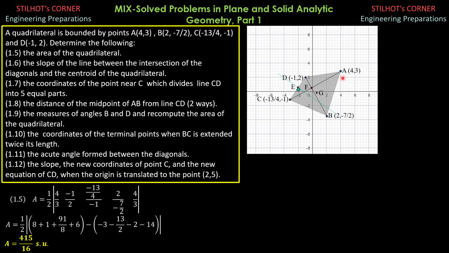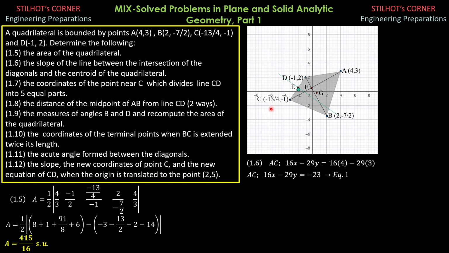So equation of AC is 16x minus 29y equals 16 times 4 minus 29 times 3. Simplifying, 16x minus 29y equals negative 23. Call that equation 1. To check that this is indeed the answer, you may also substitute negative 13 over 4 comma negative 1 if the constant is negative 23.